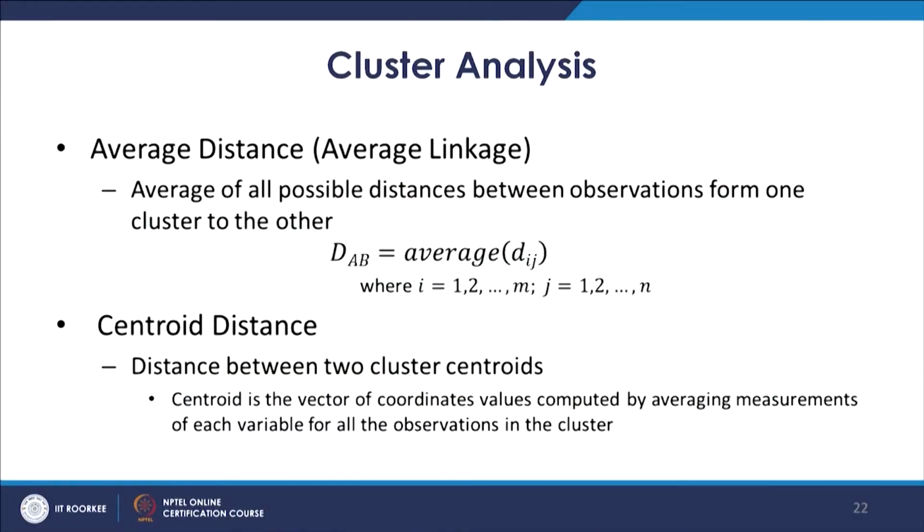Let us move forward. Our next metric is average distance, or the average linkage metric. Here what we do is take the average of all possible distances between observations from one cluster to the other.